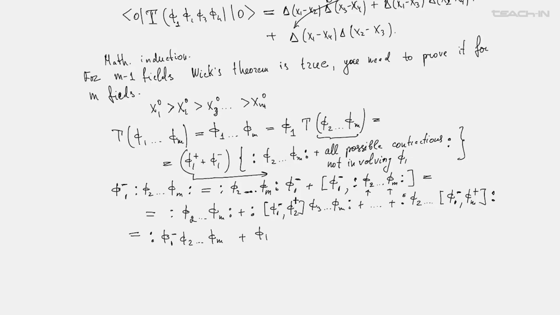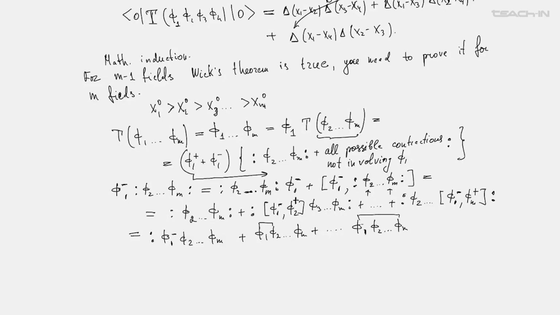And the sign of contraction, say of phi 1 with phi 2, and so on, up to contraction of phi 1, phi 2, and so on with phi m, under the sign of the normal ordered product.